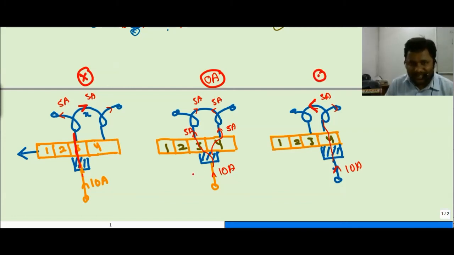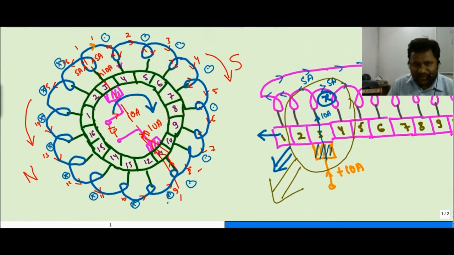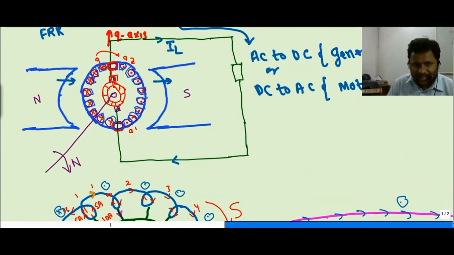The concept is that if the current is flowing in the conductors after crossing the brush axis, it has minus 5 ampere. It becomes a dot. Similarly, this X conductor has a cross, and whenever it passes across the brush axis, it becomes a dot.